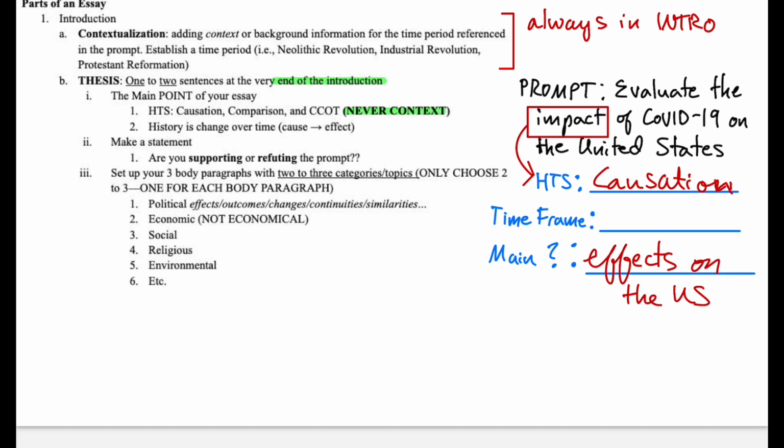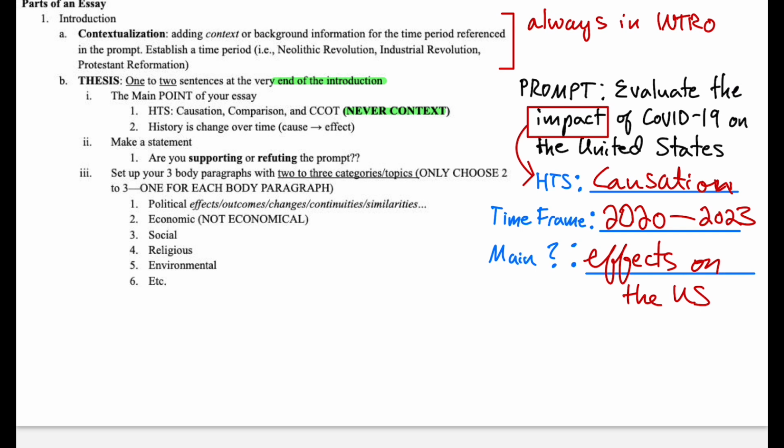When it comes to the time frame, we know that COVID started in China in 2019, but it really hit in the U.S. in 2020. And that's still something that's affecting us and ongoing today, even into 2023. Okay, so we're looking at the 2020s in general as we evaluate the impact of COVID on the United States.